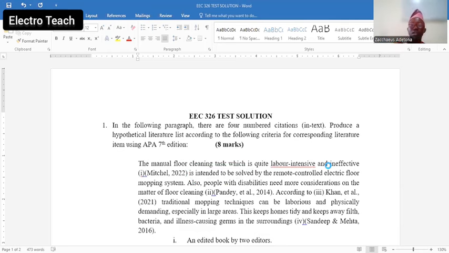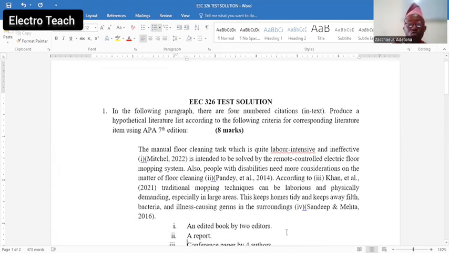So the paragraph given here has 4 citations in it. The question is asking that students should format the 4 citations, writing a references list, according to the instructions given in number 1, 2, 3, 4 right here.